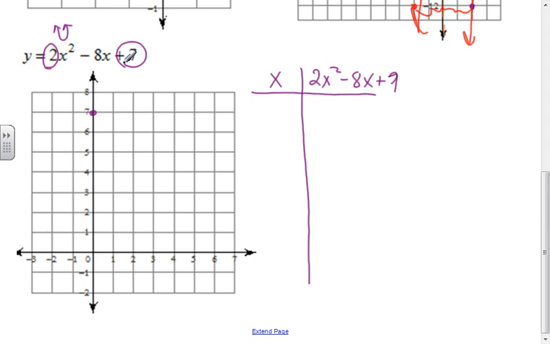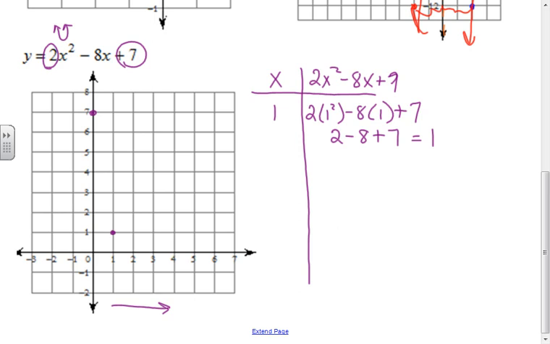So this 7 kind of tips my scale that my values are probably going to be somewhere to that side. So I'm just going to go ahead and start with 1. So 2 times 1 squared minus 8 times 1 plus 7. So I have 2 minus 8 plus 7. And so I end up with negative 6, 7, I end up with 1. So at 1, I'm at 1.